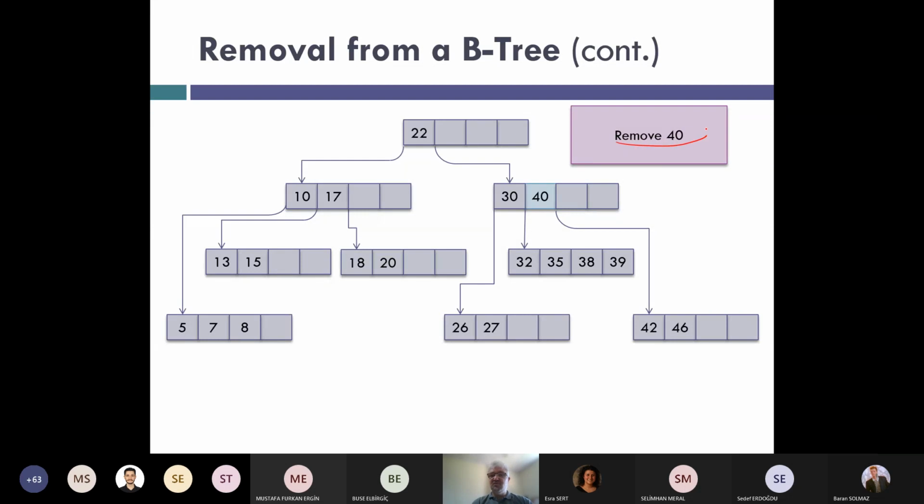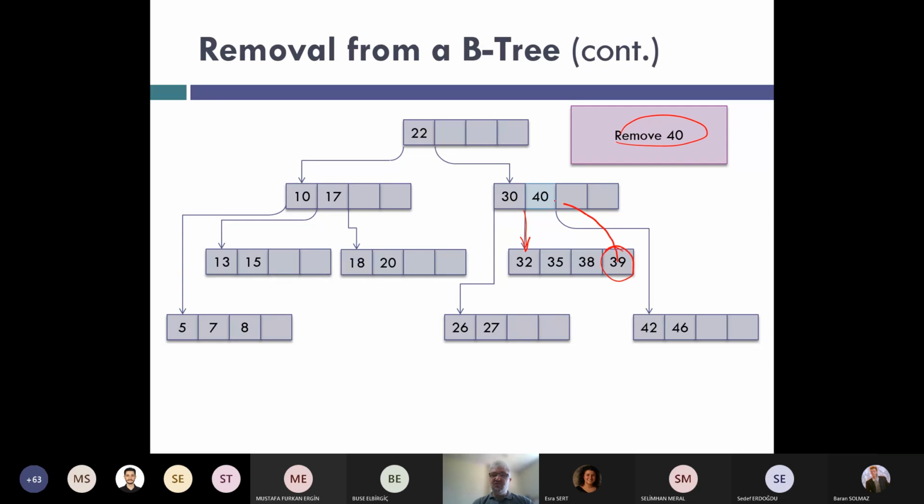If we have to remove 40, we have to find the in-order predecessor. The in-order predecessor is 39, right? We have to follow the left link and find the largest, which is 39.